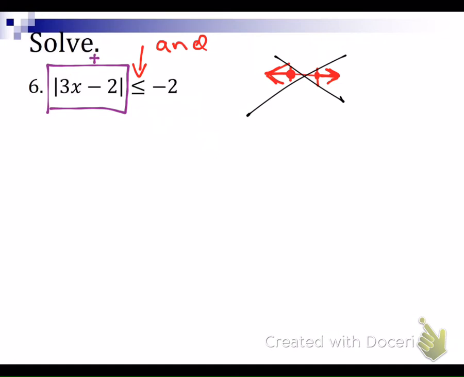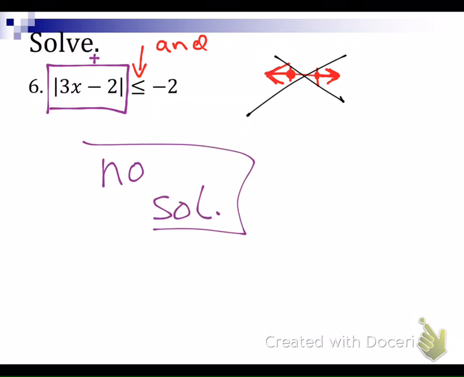No. Or any positive number ever is less than or equal to a negative number. Is that going to ever be true? No. That's why this one is no solution. On the previous example where we got all real numbers, it was a greater than symbol. So all positive numbers are greater than a negative number. That's always true. That's why it was all real numbers. Here, it will never be true. That's why it's no solution.